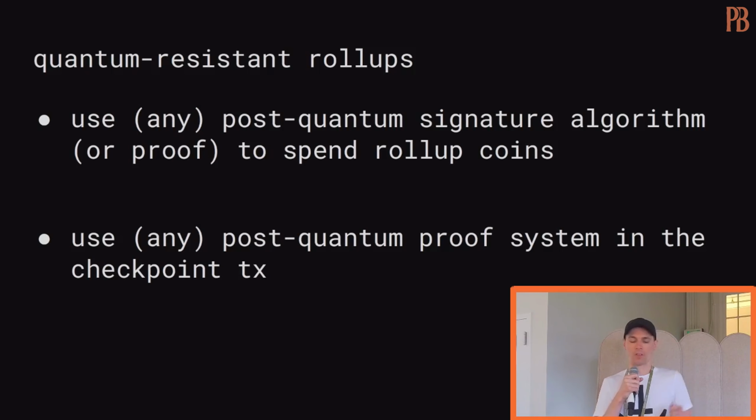And that's what you would actually put in your checkpoint transaction that goes on layer one, and that layer one is verifying. And there have been some proofs of concept of this already, showing how you can build a Stark verifier in script using some additional opcodes that are not currently active on Bitcoin, which we'll get into later as well.